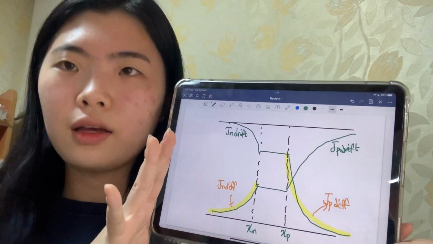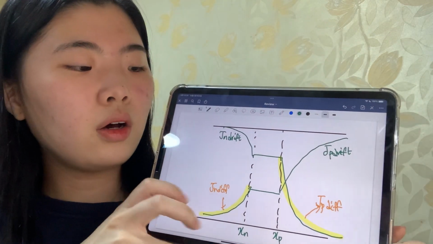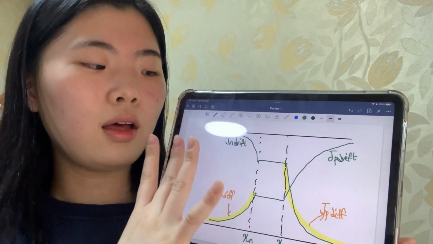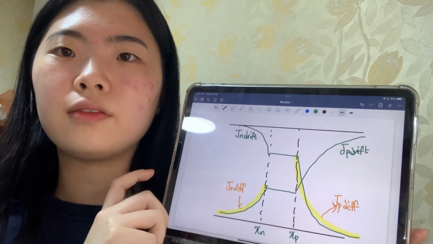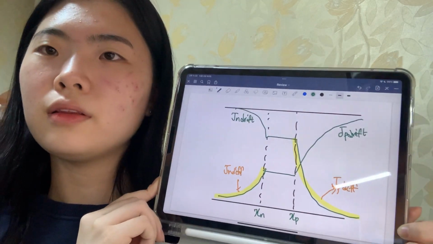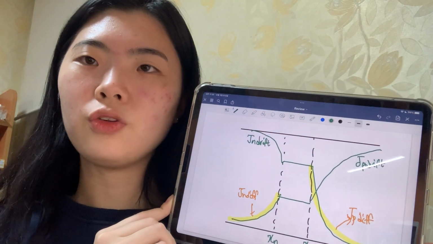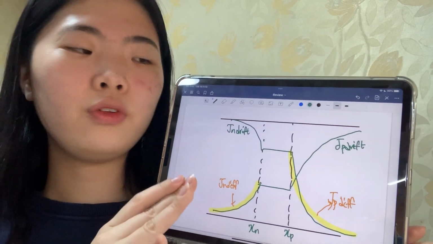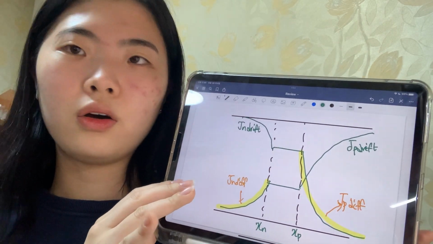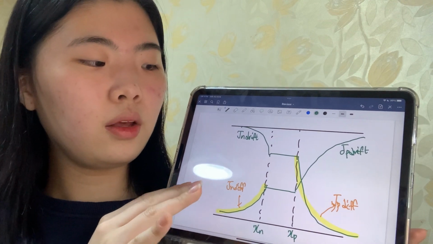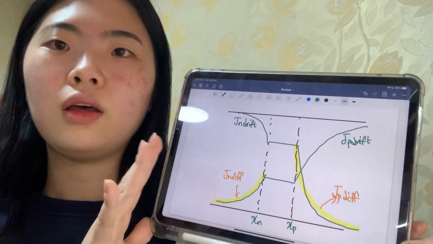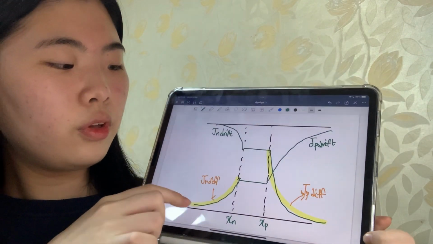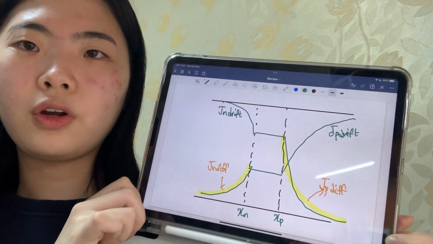Based on that concept, there is no electric field on the left side and right side. So in this semiconductor, we should only focus on the diffusion current, because the diffusion current is what influences the semiconductor.